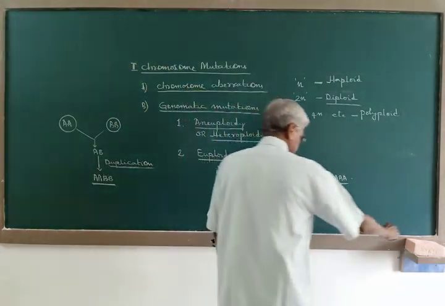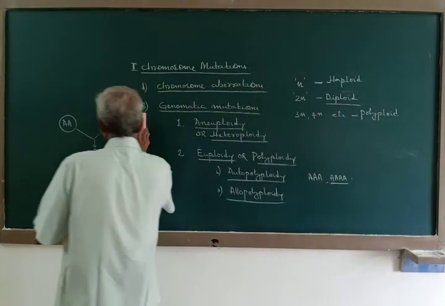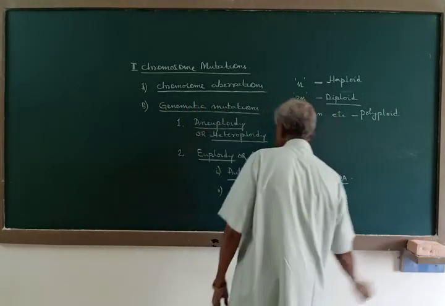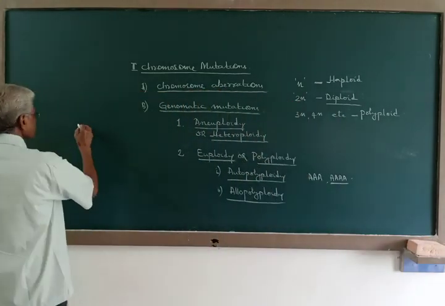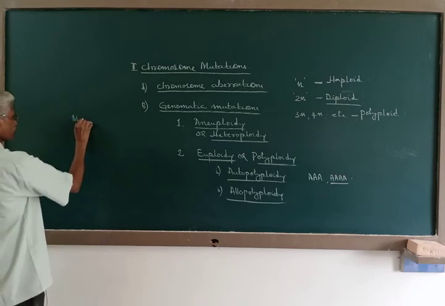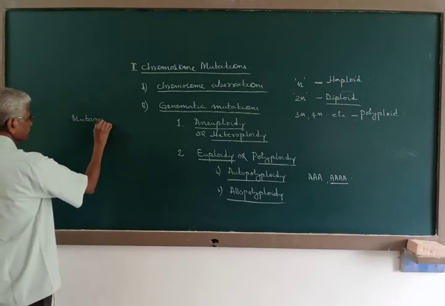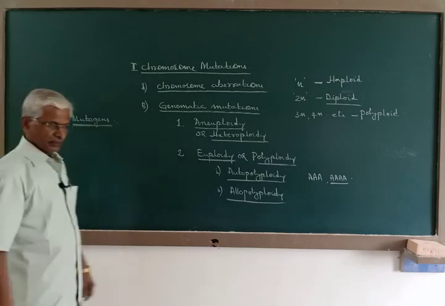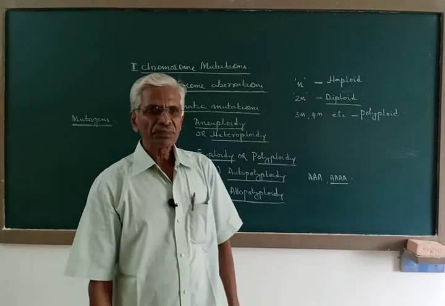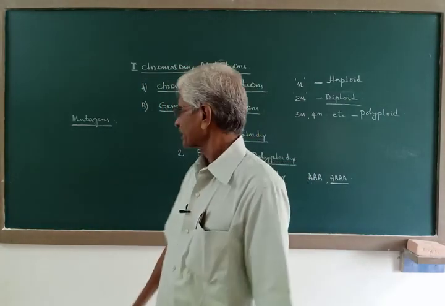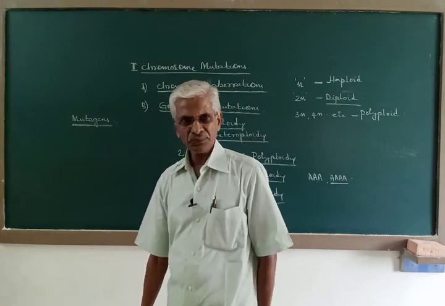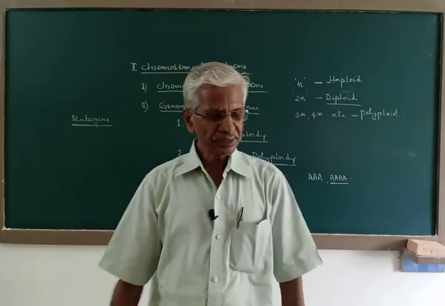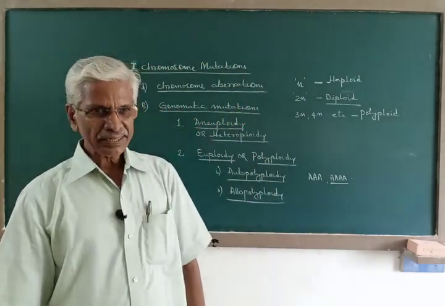So that is about genomatic mutation. Now lastly, some details about mutagens. Mutagens are mutagenic agents. So what are mutagens or mutagenic agents? See, mutation is a random process.